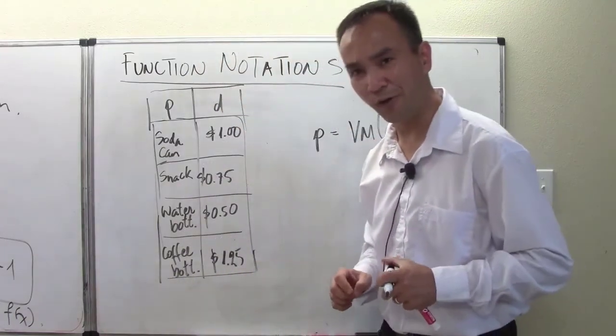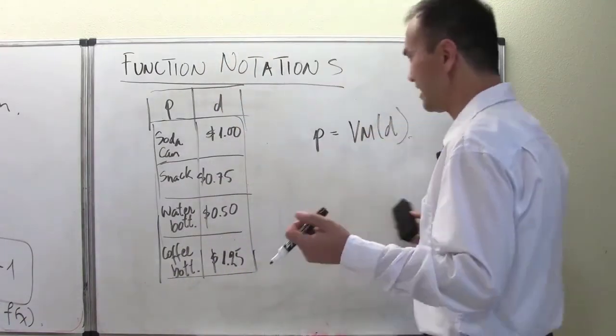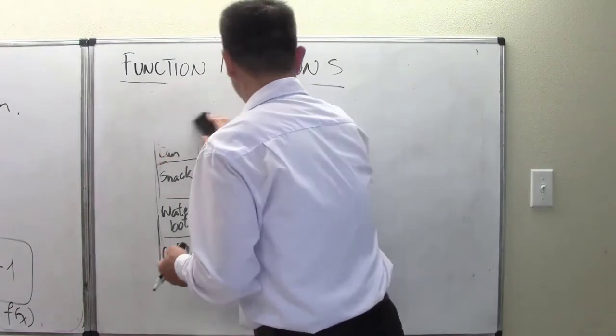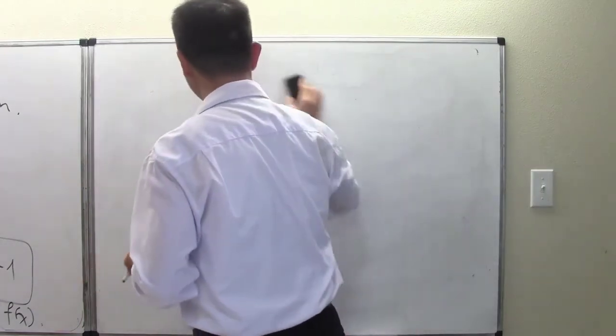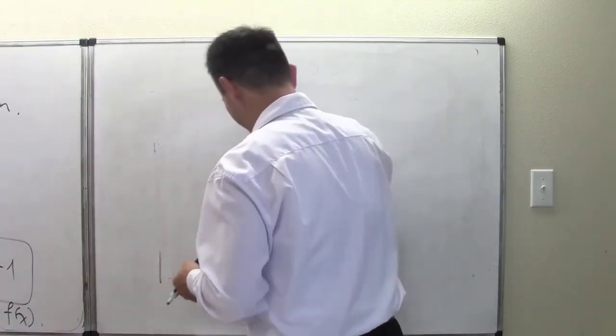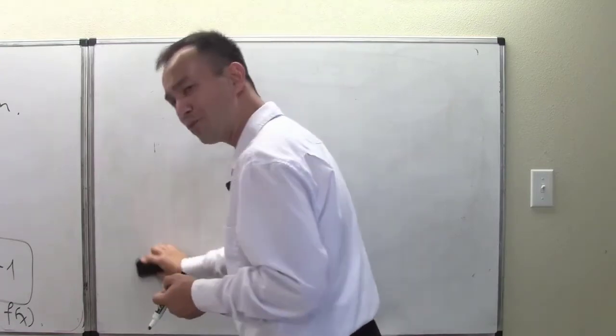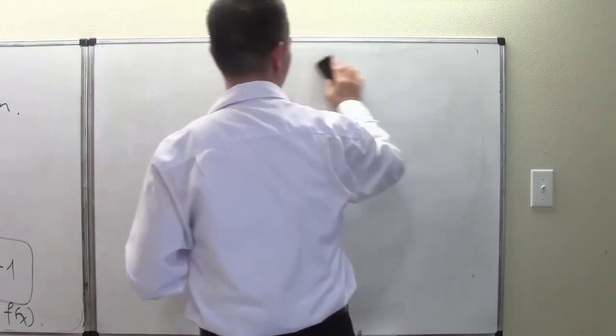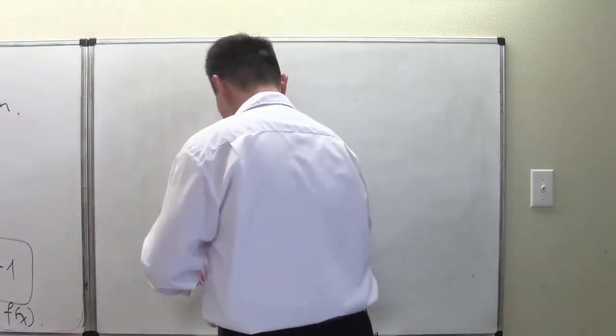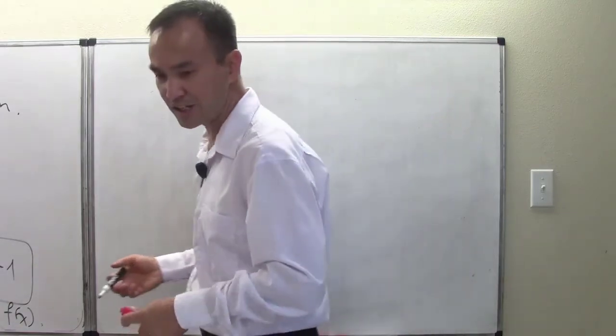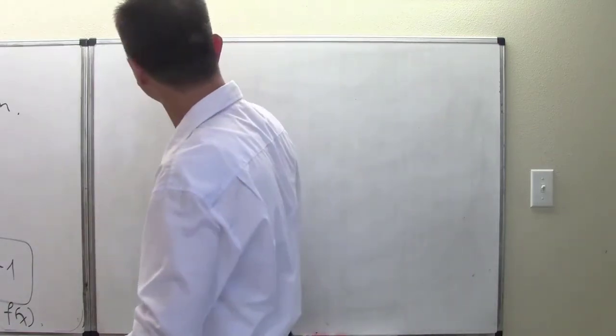All right, and so now we are ready for example 1 right here, to get anyone studying with me about functions to be really comfortable with how to operate with function notation. Let's call that example 1.